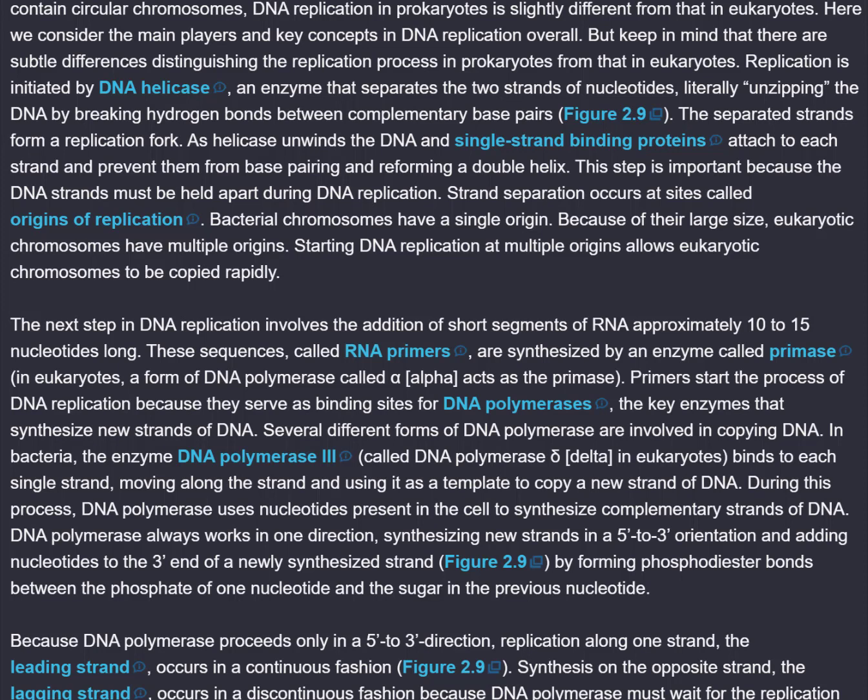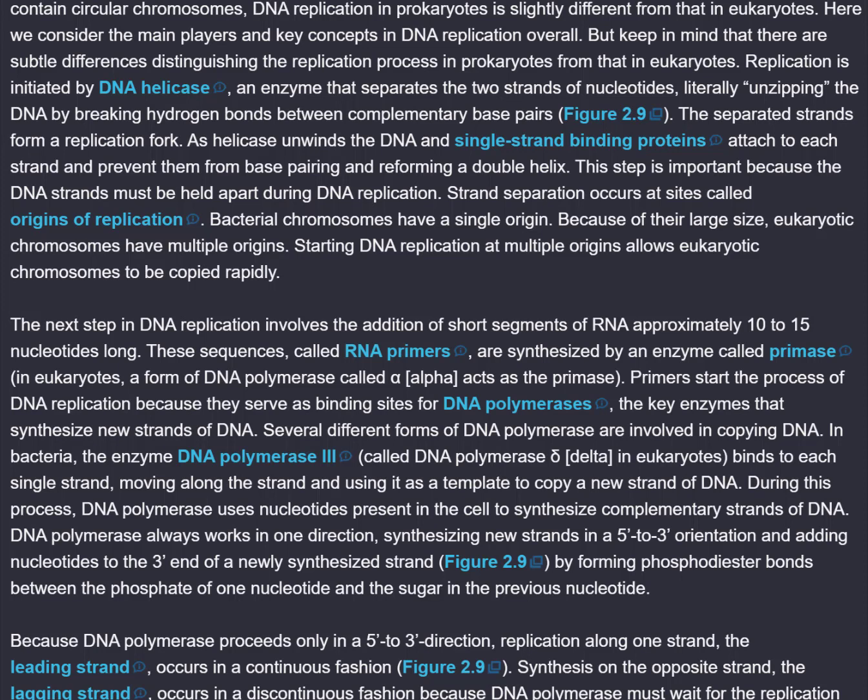The separated strands form a replication fork. As helicase unwinds the DNA, single-strand binding proteins attach to each strand and prevent them from base pairing and reforming a double helix. This step is important because the DNA strands must be held apart during DNA replication.